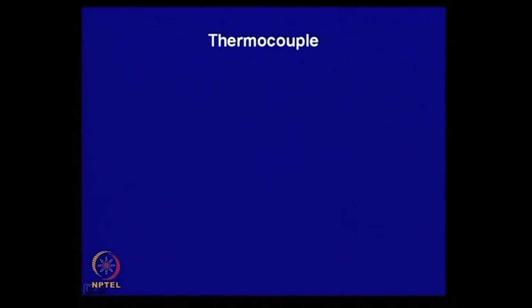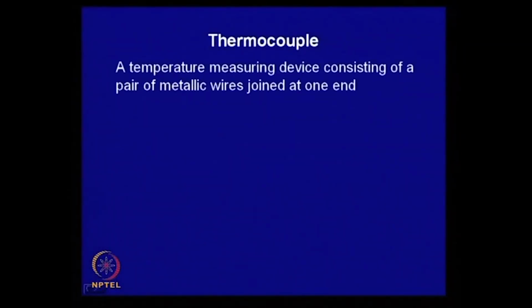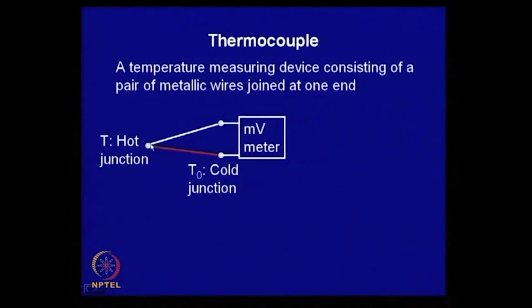And here one of the key tools that we will be using is a thermocouple, which is a temperature sensor. So, let us say what is a thermocouple? It is a temperature measuring device. It consists of a pair of metallic wires joined at one end, which is shown over here.